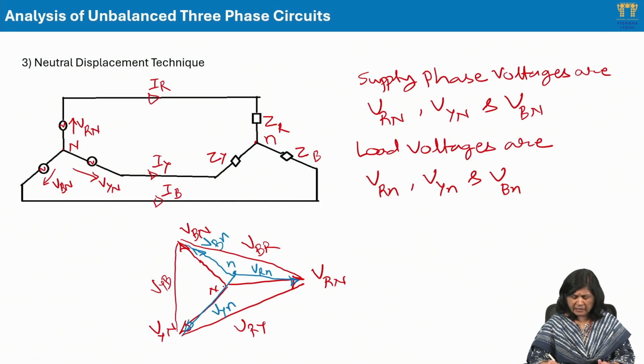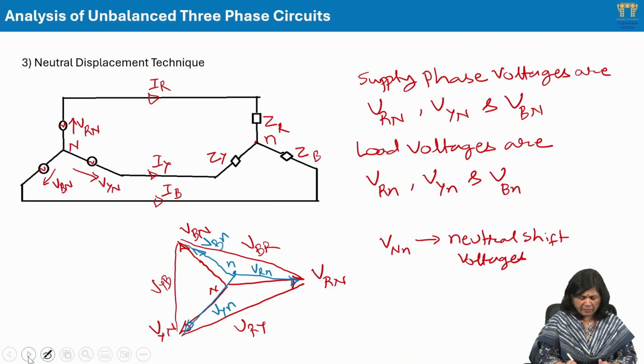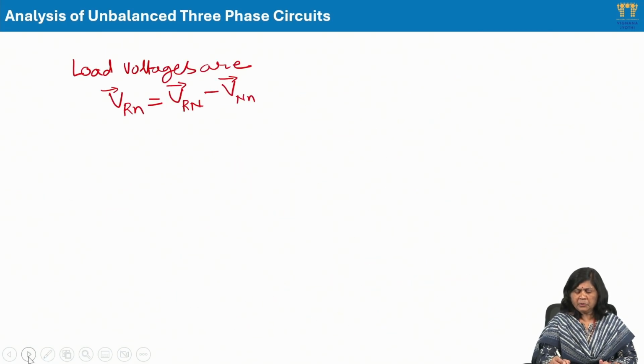This shift voltage, the displacement voltage VNn, is the neutral shift voltage. Now this neutral shift voltage I will use to write the load voltages.